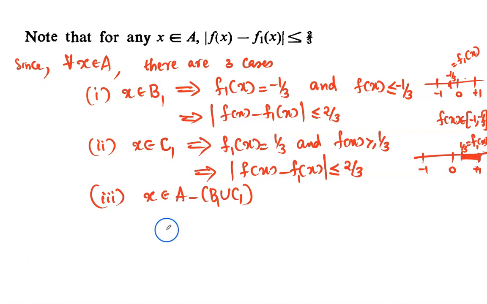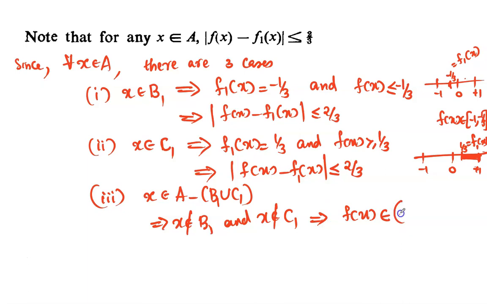Now for the third case, since x does not belong to B1 and x is not a member of C1 also, f(x) will belong to the open interval (-1/3, +1/3). And we know that f1(x) will belong to the closed interval [-1/3, +1/3] since the codomain of f1 is this closed interval.